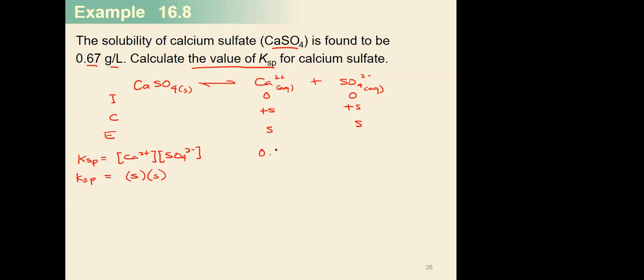So we can start with 0.67 grams per 1 liter solution. And then we can convert this using the molar mass. So for every 1 mole, you have 136.2 grams.